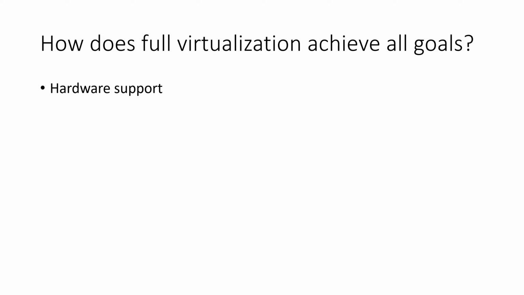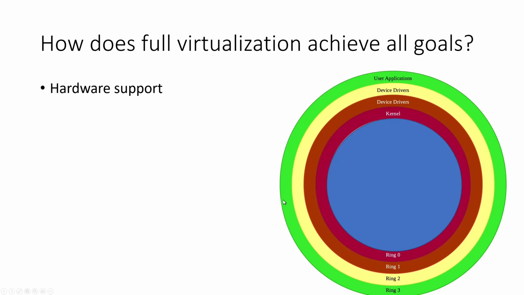Well, full virtualization requires changes to the hardware so that we can achieve all of those goals. So I said before that Intel CPUs and many other CPUs have multiple privilege levels. So user applications run with less privileges than the kernel. So the kernel, because it has more privileges, can control what applications do with the CPU, with the memory, and with input-output devices.